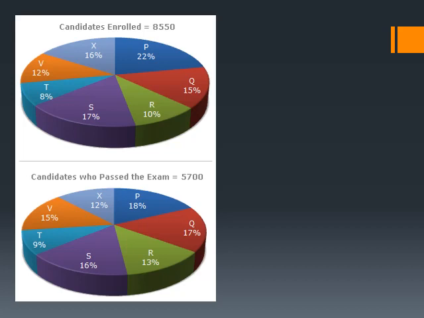So the first pie chart indicates the breakdown of the students from institutes P, Q, R, T, S, V, and X, and the number of students who have passed in the exam from these institutes is what is given at the bottom. P, Q, R, S, T, V, and X. The percentage is given in both cases.